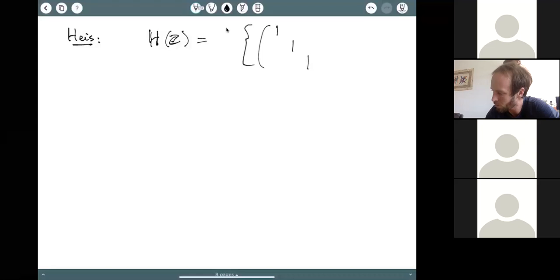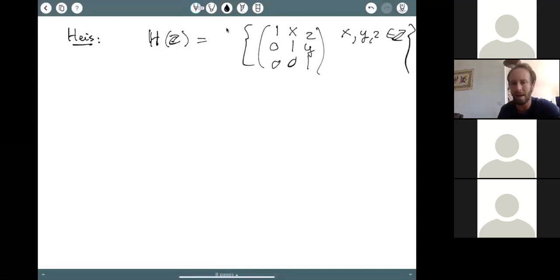It's a group of unipotent matrices with 3 parameters, x, y, z, that belong to Z. And it's almost like Z cubed, okay? But it's not, of course. An interesting fact about the Heisenberg group is that it fits into a short exact sequence.